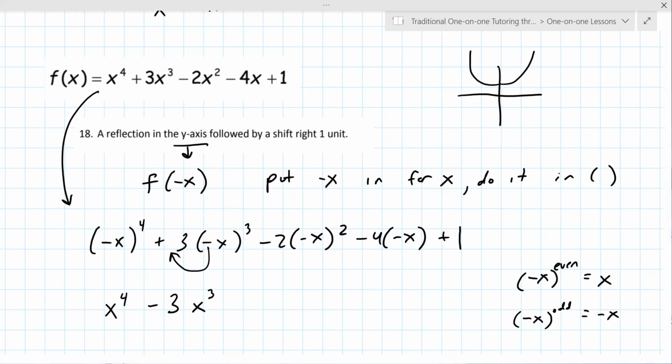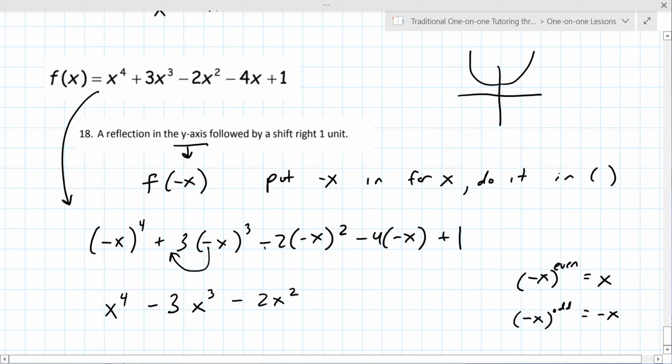For the next one, it would be minus x squared becomes just positive x squared. It stays positive on the right here. So that minus out in front though stays like that. Another way you could look at it is when it's odd, it changes the sign, but when it's even, it doesn't.